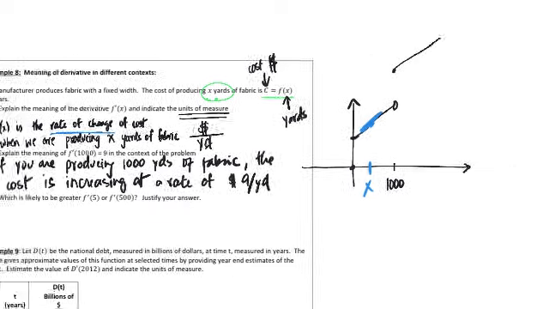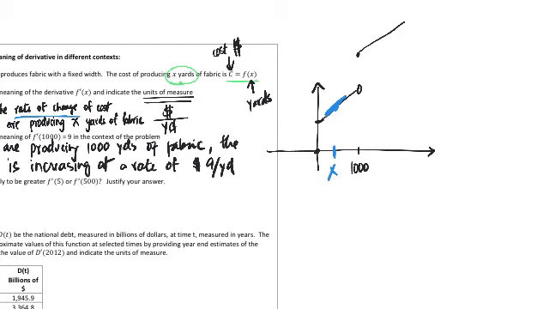So in other words, let me change this graph so that we don't have a jump at 1000. Let's just say that the graph is doing something like that, right? This is your cost versus yards. Then at the situation where you're already producing 1000 yards, the slope of this tangent line is 9, right?